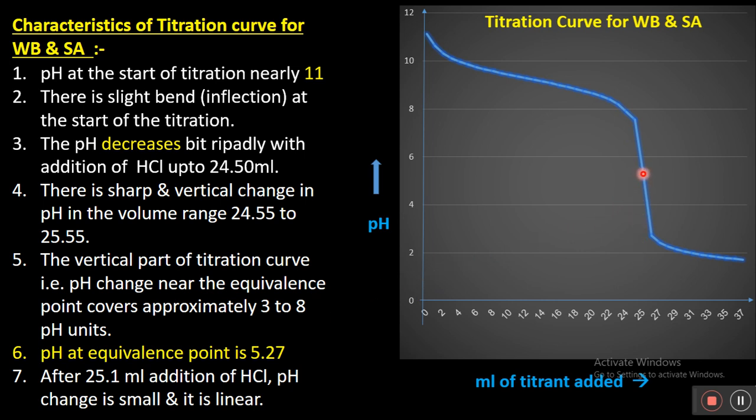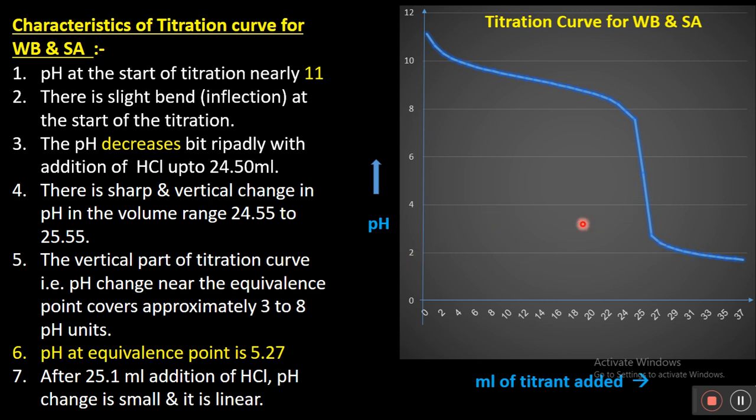At 25 ml, pH is 5.27, and this is called the equivalence point. After 25.1 ml addition of HCl, pH change is small and linear. This is point number 7.